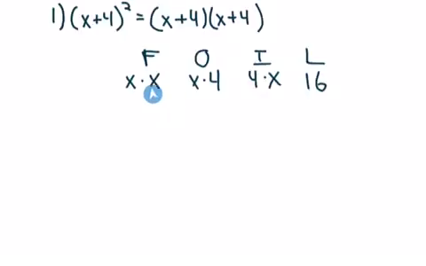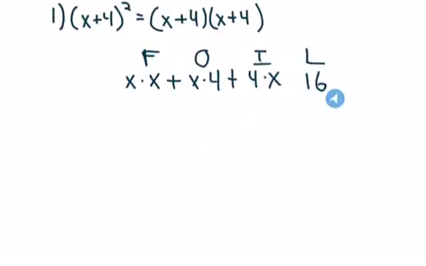Now, we know that this is positive, so I'll just leave this positive out front. We know this is positive, so I will add those first two terms. We know that this is positive, so I will add that term.